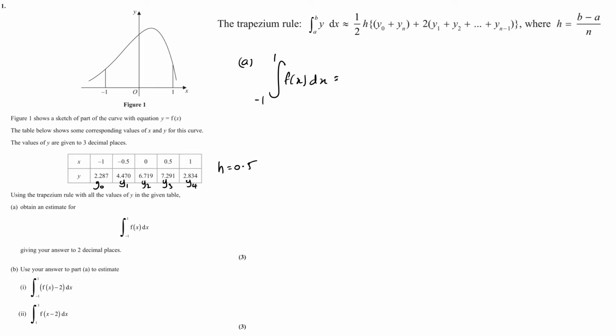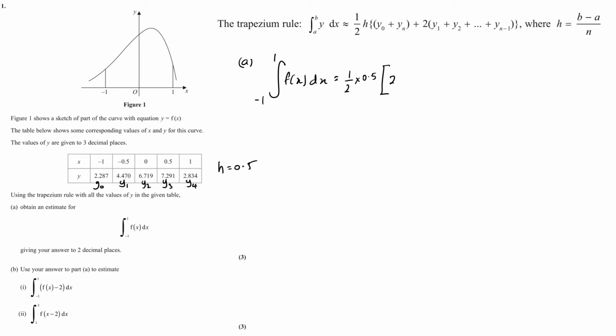So all I'm going to do now is plug these values in. So we've got a half times that, 0.5, and then now I like to do it a little bit different to this. I like to put them in order, my y0 in the beginning and my last y at the end, but it doesn't really matter.